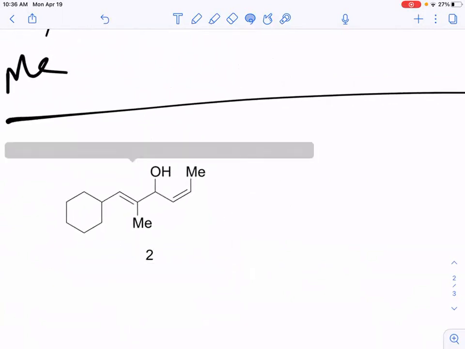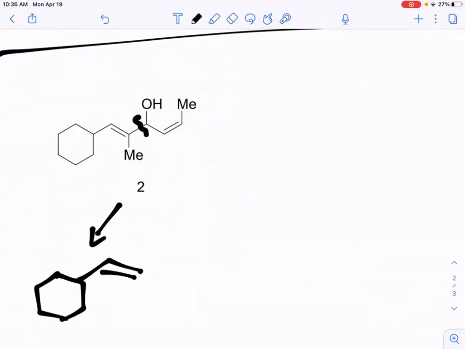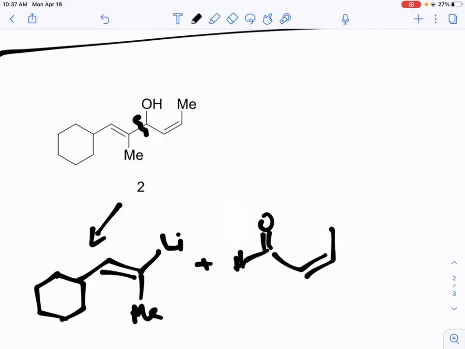All right, so if we were to do a retrosynthesis, we could think about cracking it right there. And from there, let's think about that, plus that, right?